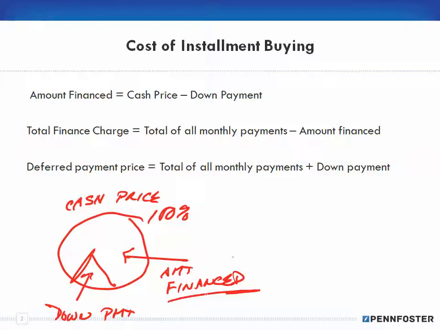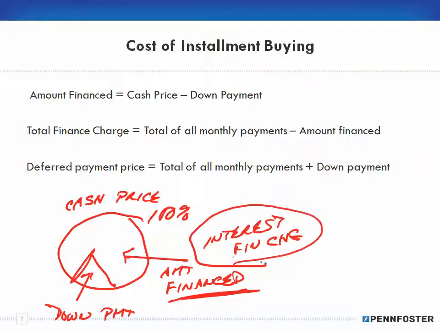But on the amount that's financed, you're going to be charged interest or a finance charge. And if you're being charged interest or a finance charge, that amount will have to be added to this 100%.